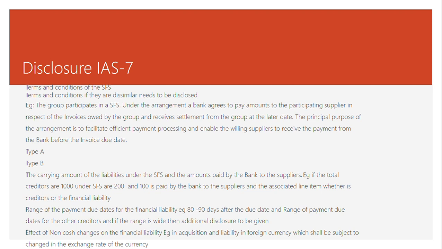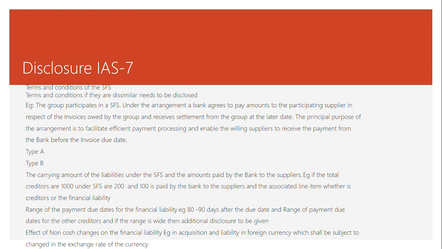The principal purpose of this arrangement is to facilitate efficient payment processing and enable the willing suppliers to receive the payment from the bank before the invoice due date. The dissimilar disclosures are type A of SFS and type B of SFS.